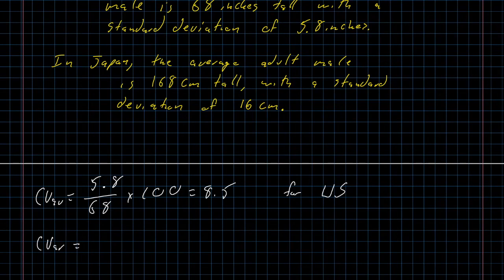We will take our standard deviation in Japan, 16, divide by our mean, 168. We'll multiply that by 100, and we will get a coefficient of variation here of 9.5.